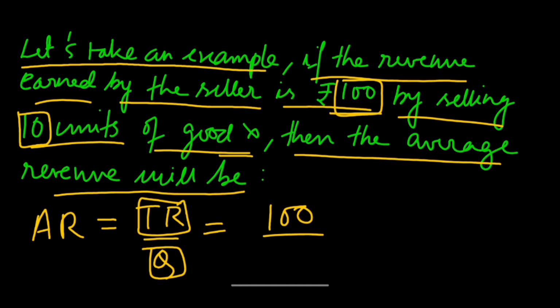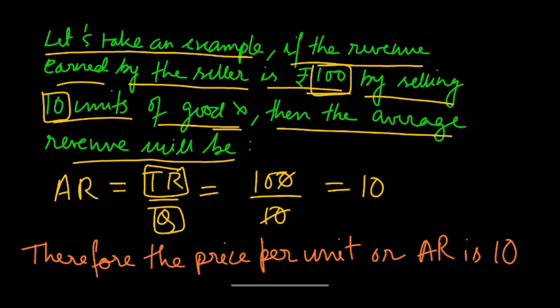After cancelling the numbers, we get 10. Therefore, the price per unit or AR is rupees 10.